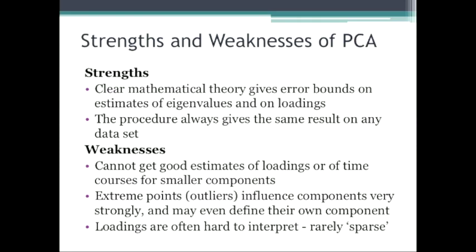Some weaknesses are that you can't get all the factors. You may have some summary variables that are meaningful, but if their variance is too small, if their variation along that axis is too small, you can't get good estimates of that direction, of that summary variable.